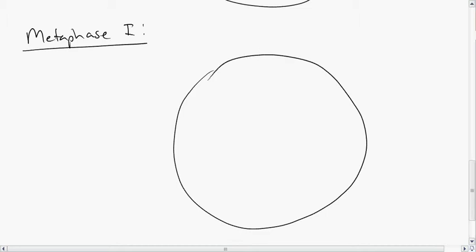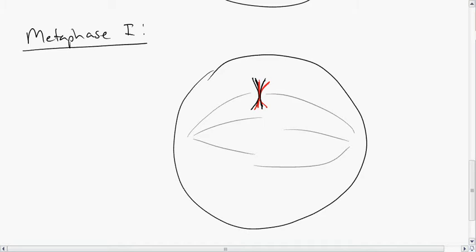Okay? So what's going to happen is our spindle fibers are going to attach to the chromosomes. And they're going to line them up along the middle of the cell. And all the chromosome 1s are going to line up. And they're actually going to join together to form a structure called a tetrad. Tetra meaning 4. And then chromosome 2, these guys are all going to line up, forming another tetrad.